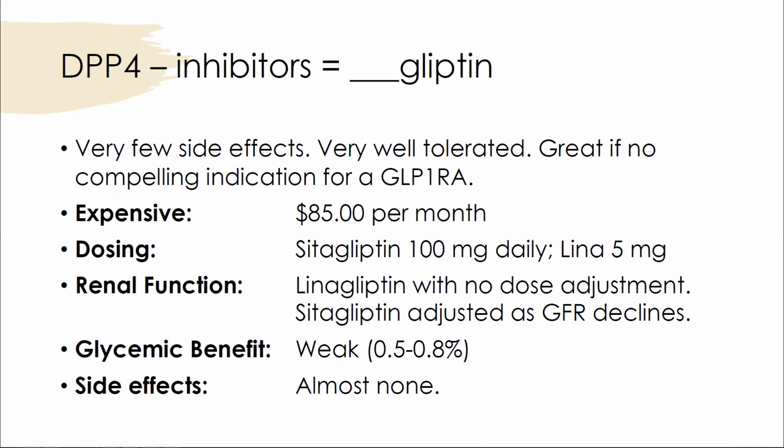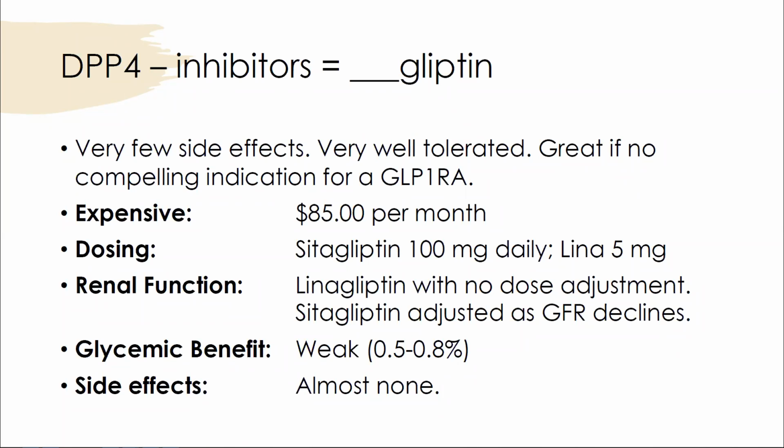And so they're really good for that reason for people who are older, who have lots of other medications and things like that. It's really hard to overdose on them. So people who have cognitive impairments and you're not sure about their medication administration, they're not a very risky medication that way either. They are expensive, $85 a month. They have good coverage, however.